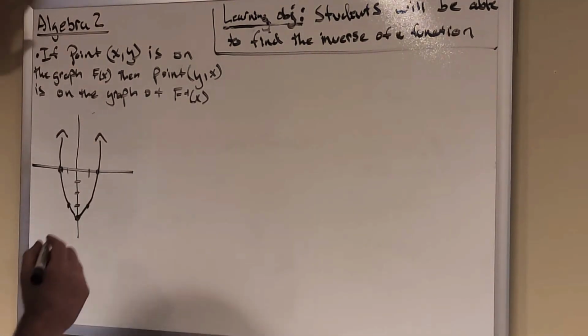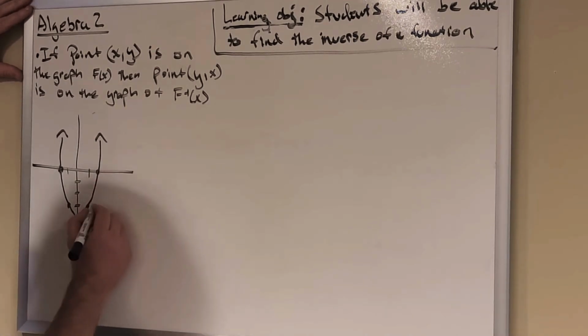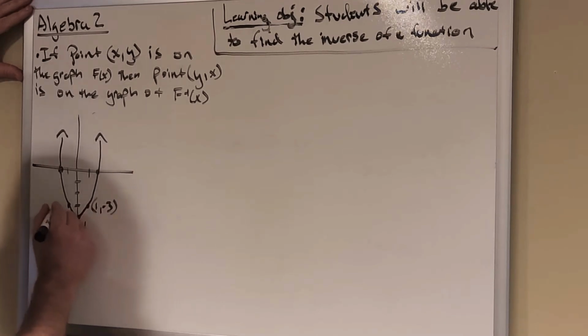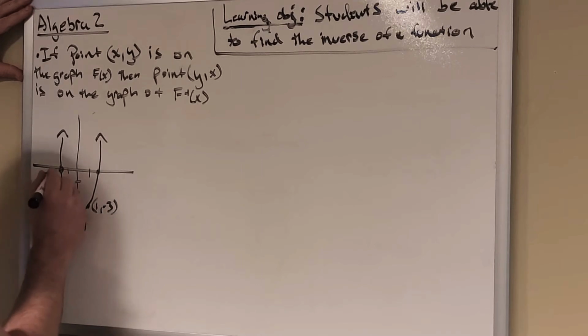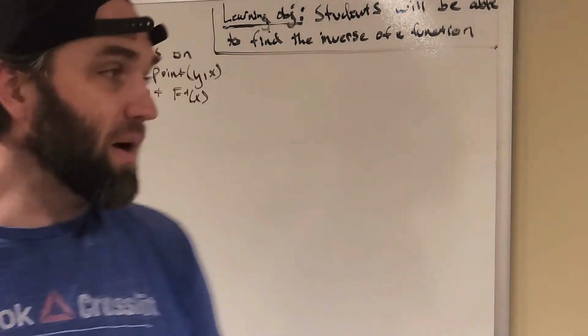And this point is at 0, negative 4. This is 1, negative 3. This is negative 1, negative 3, negative 2, 0, and 2, 0. Okay? So, I have my points here.